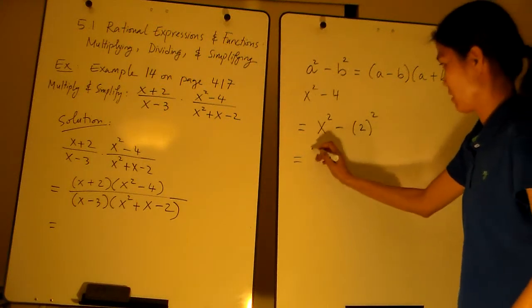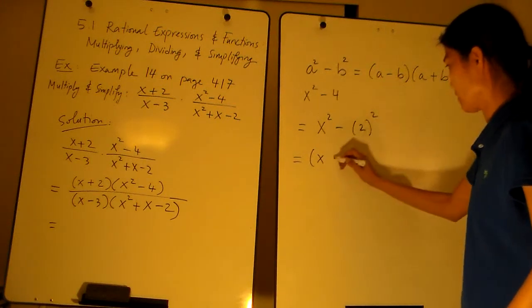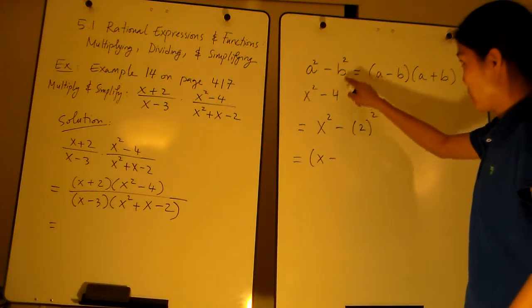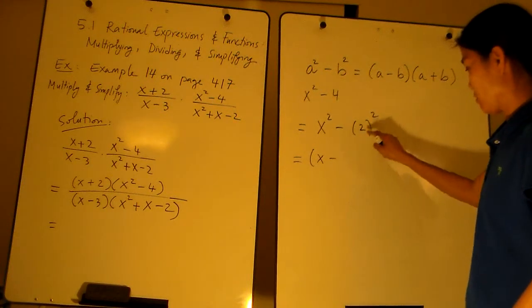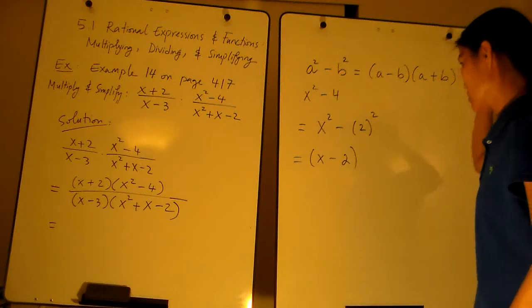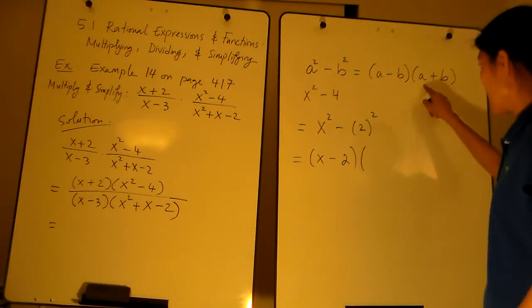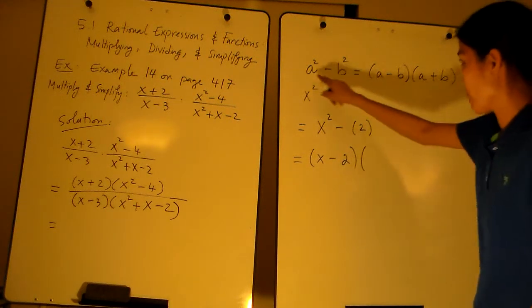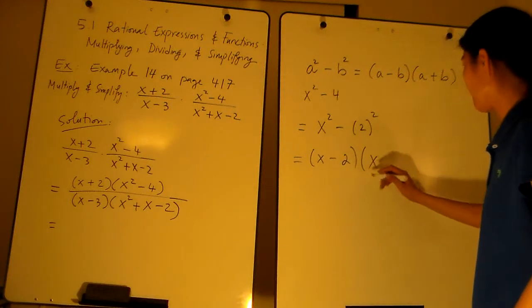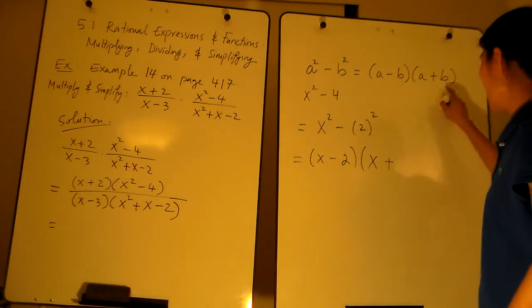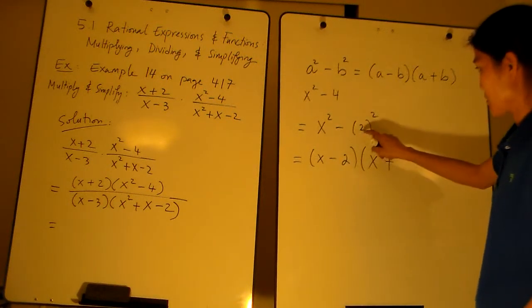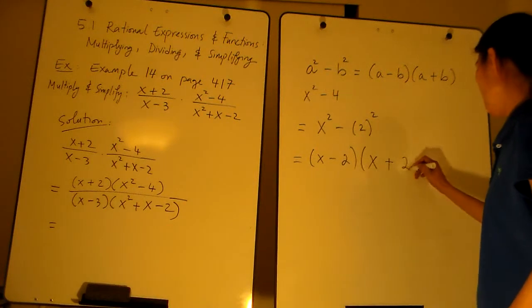A is x, so x minus, what is b? B squared is 2 squared, so b is 2. So minus 2 times, again, what is a? A is x, plus, what is b? B squared, I mean 2 squared, right? So b is 2.